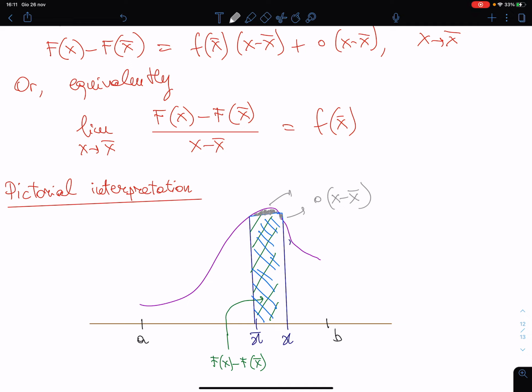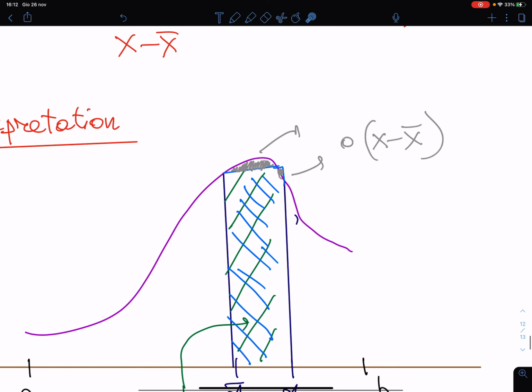As this F of X minus F of X bar, so as this area goes to 0 when X moves towards X bar, also this gray area goes to 0, but it goes faster. It is an infinitesimal of higher order. And indeed, let us try to understand why.